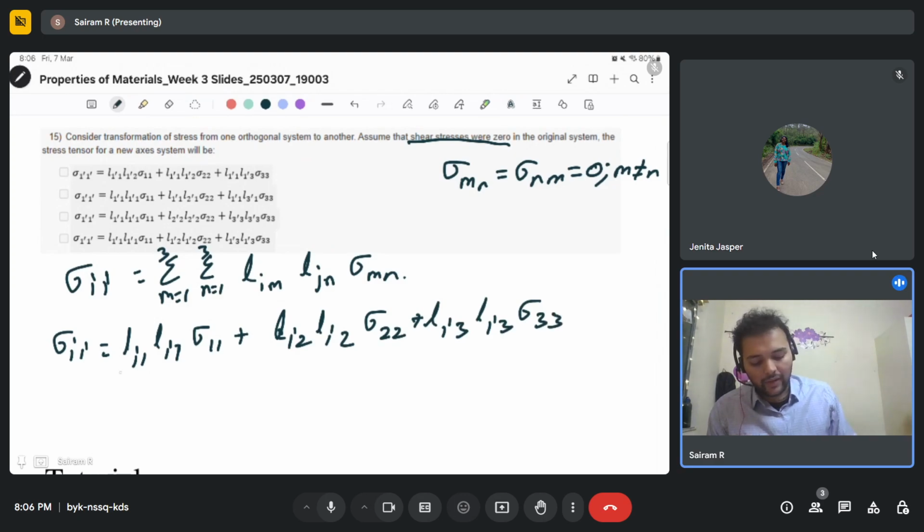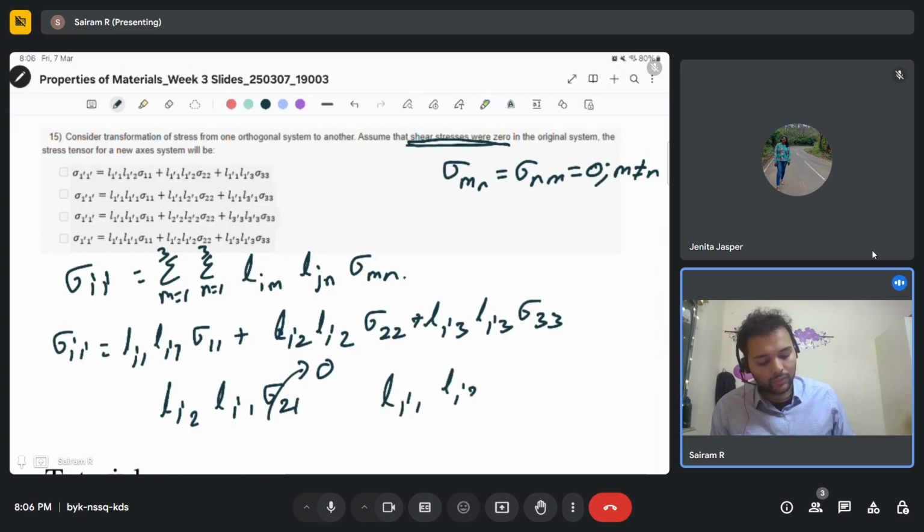Because if we have any other value of m and n, let's say L1' 2 L1' 1 sigma 2 1, we know that sigma 2 1 is 0, because it's mentioned that all shear stress components were 0 in the original system. Likewise, L1' 1 L1' 2 sigma 1 2 will also be 0.